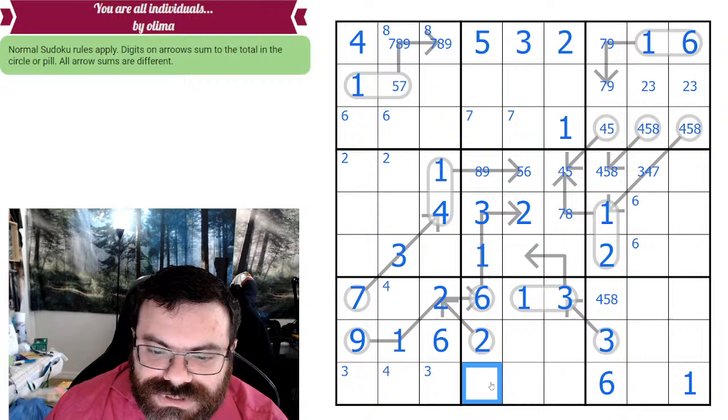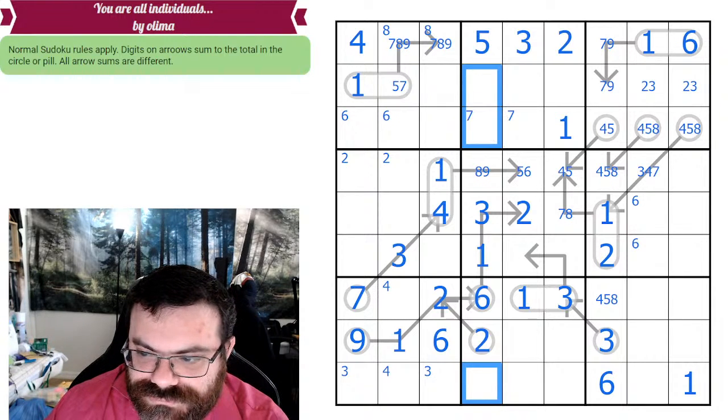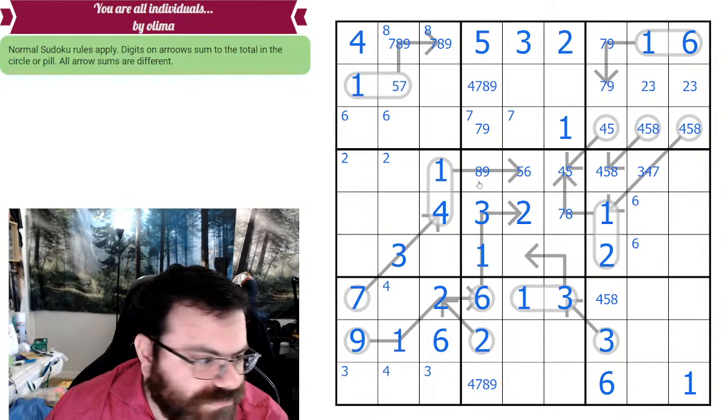Need a 4. 6. No, 4, 7, 8, 9. That's not a 4. Or an 8.